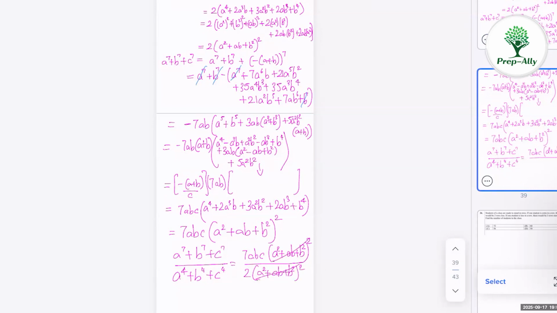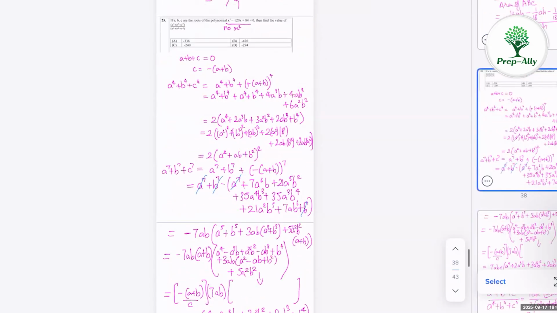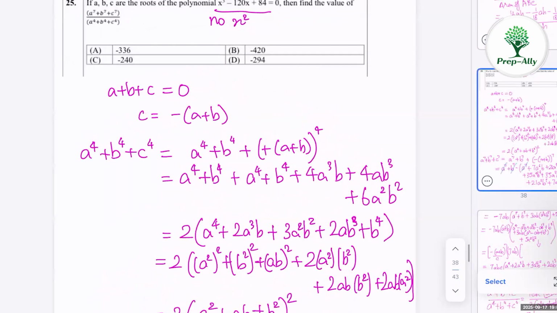So these two terms get cancelled and we have this equal to 7abc by 2. And if we look at this polynomial, we have the product of roots as minus 84.